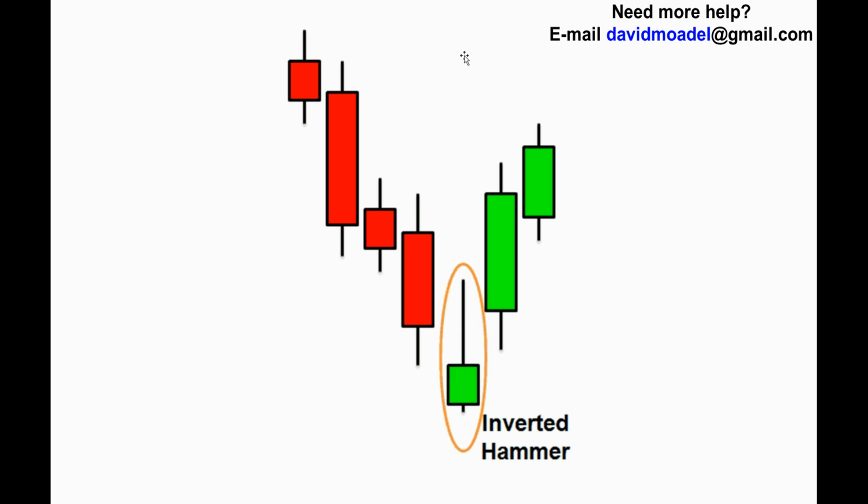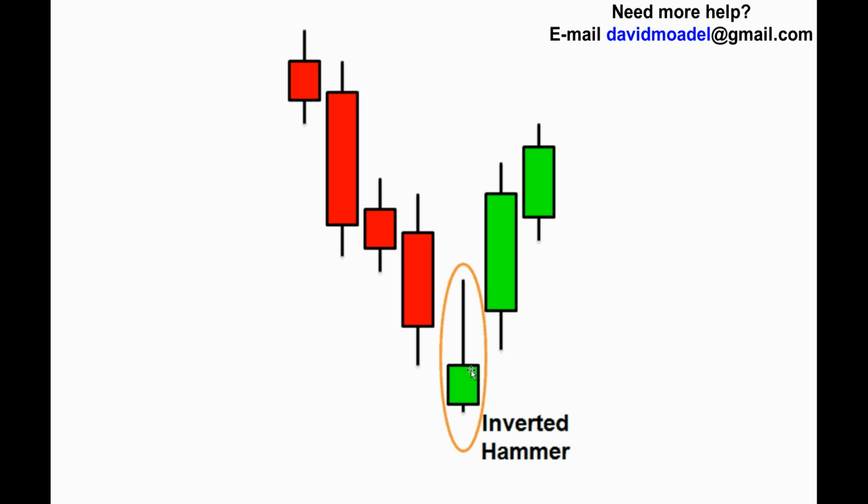But again, the shooting star would be at the top after an uptrend. So after a downtrend, it's possibly an inverted hammer. It could be green or red, but it's preferable if it's green. That makes it more powerful, and I'll talk about that in a moment. And so what that indicates is a possible reversal, and it could be a really bullish sign.